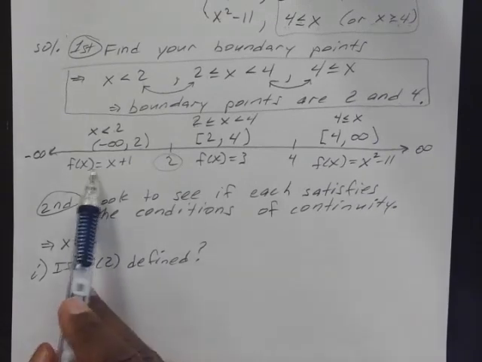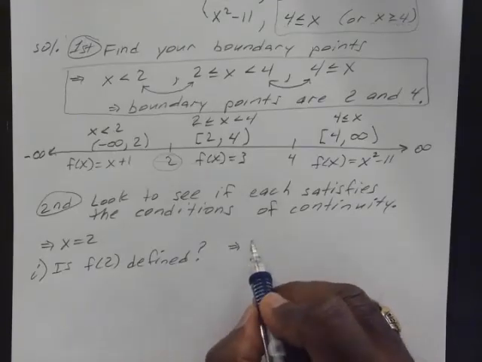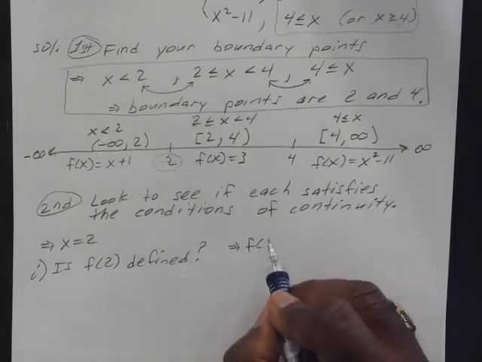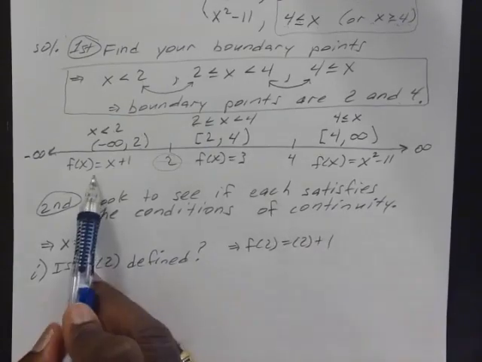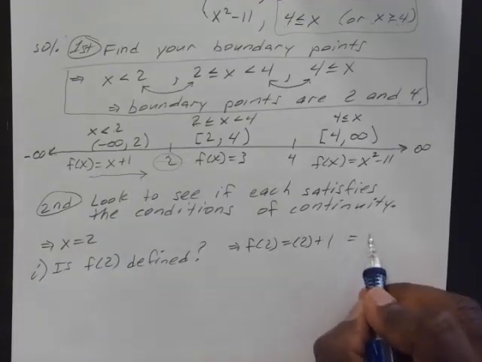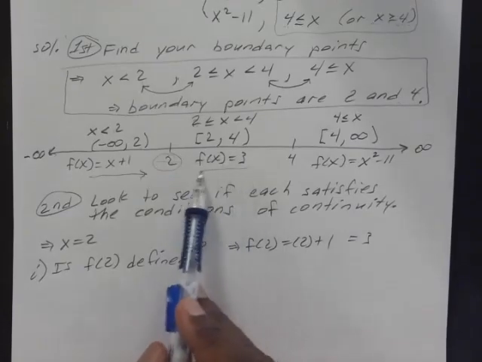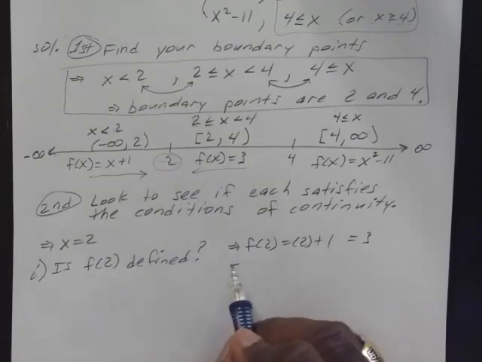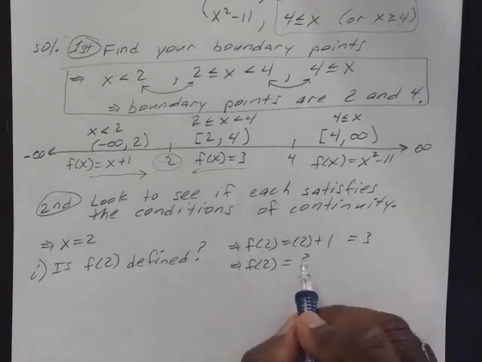Well, we look at f of 2 from the left and f of 2 from the right. Yeah, f of 2 is equal to 2 plus 1, we're approaching it from the left, which is equal to 3. F of 2, if you approach it from the right, is just equal to 3.